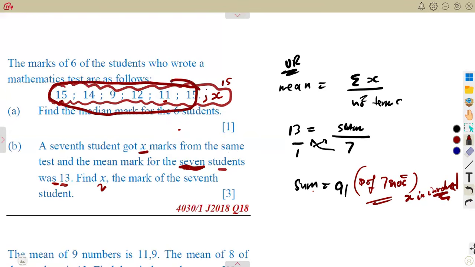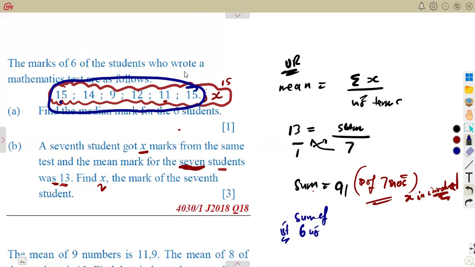You add the first 6 numbers that you're given. This one, 15 plus this, you add the numbers. You are going to get a sum of these numbers as 76. You add everything, and the sum there is equal to 76.